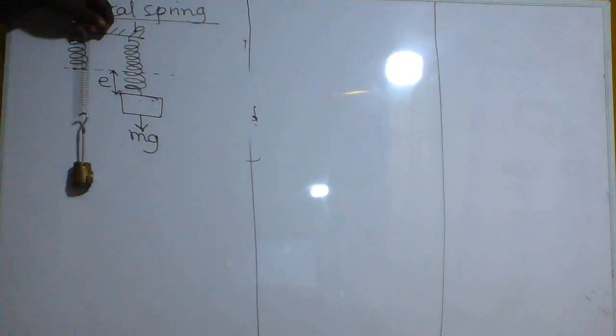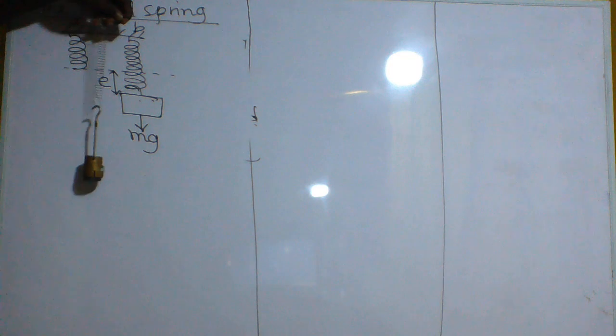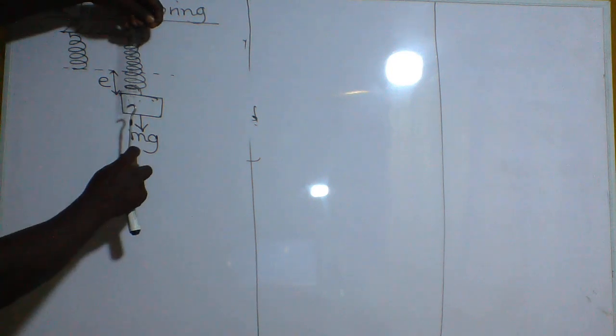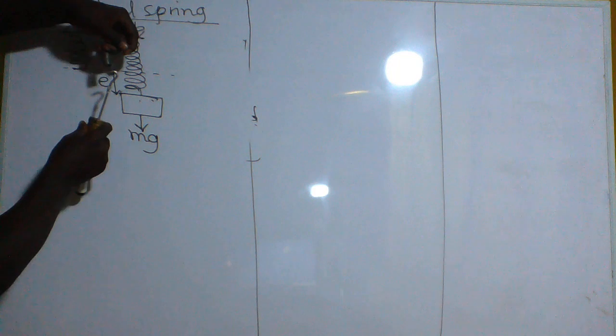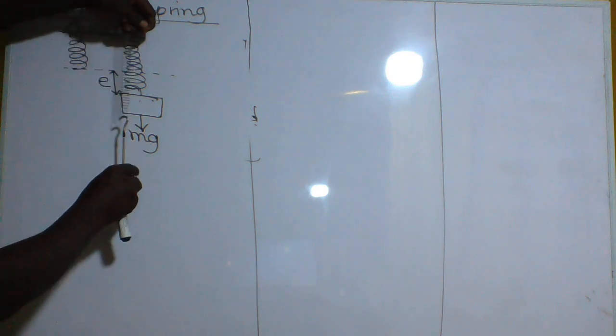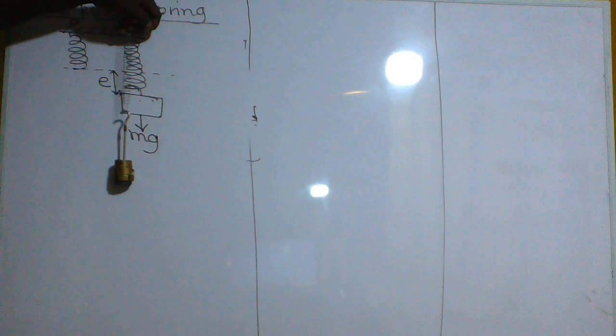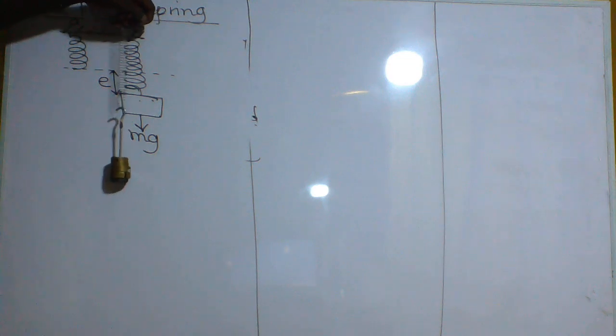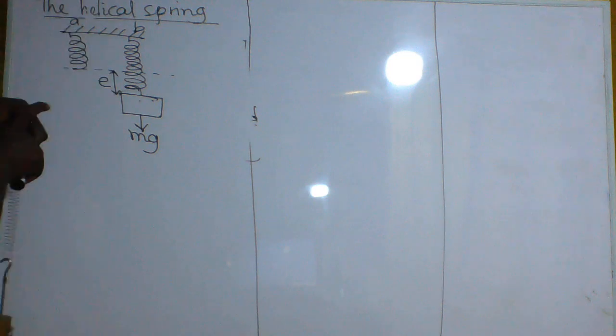The arrangement B is similar to what I have in my hand. This is a weighted or loaded spring, and this one is an unloaded or unweighted spring. When the spring is loaded, there is an extension e. So this is the new length of the spring.